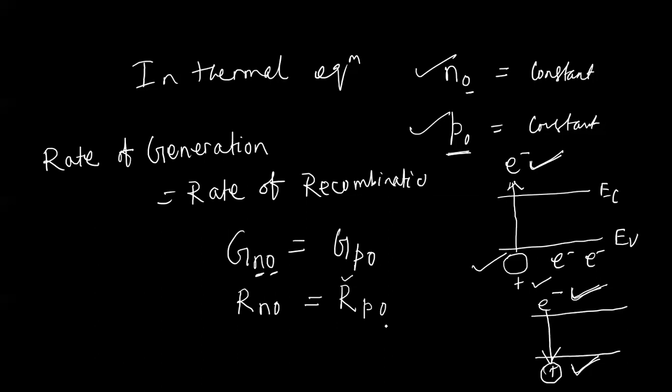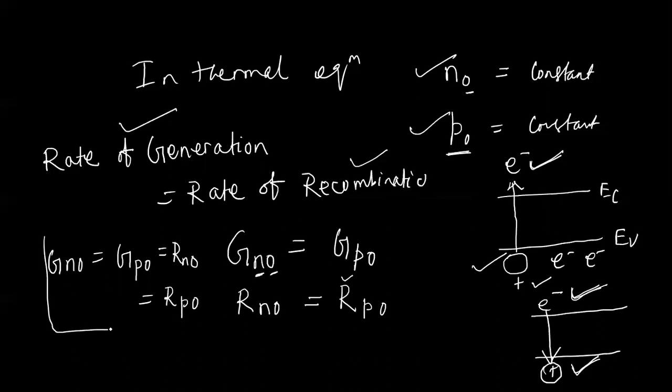So now, in thermal equilibrium, the rate of generation must be equal to the rate of recombination. We can equate all these: Gn0, the generation of electron in thermal equilibrium, is equal to Gp0, the generation of hole in thermal equilibrium, is equal to Rn0, the recombination rate of electron in thermal equilibrium, is equal to Rp0, the recombination rate of hole in thermal equilibrium.